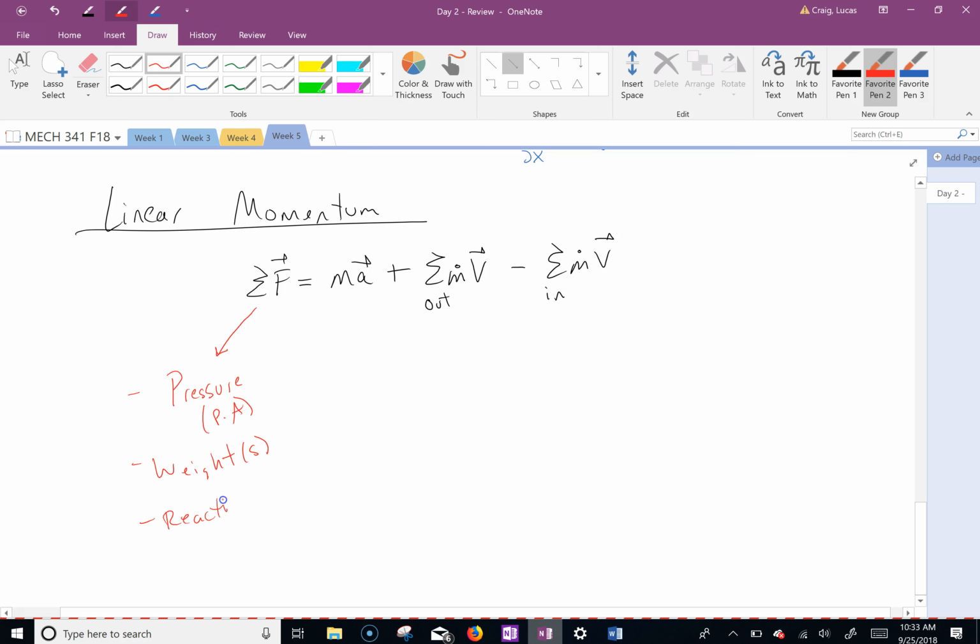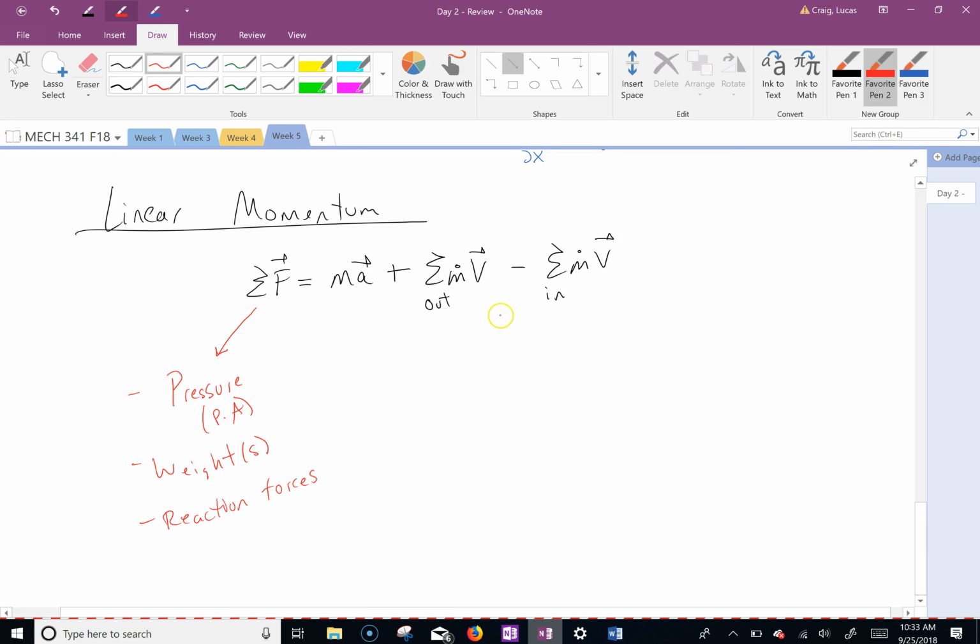And those are really due to the stuff on the right. Pressure, weight, and reaction forces. There's nothing else. I mean, there are shear forces, but we kind of neglect those. We don't worry too much about those.